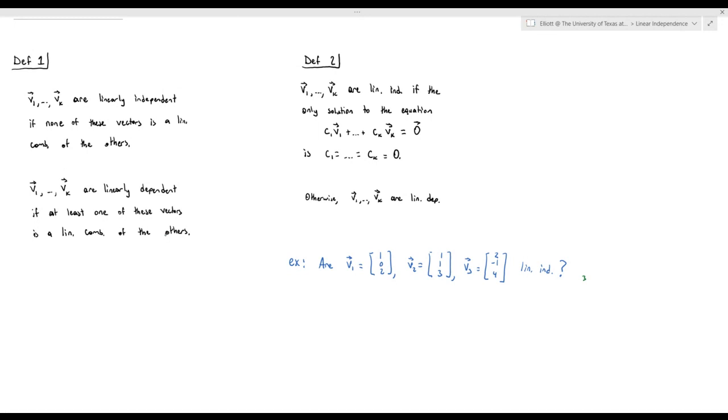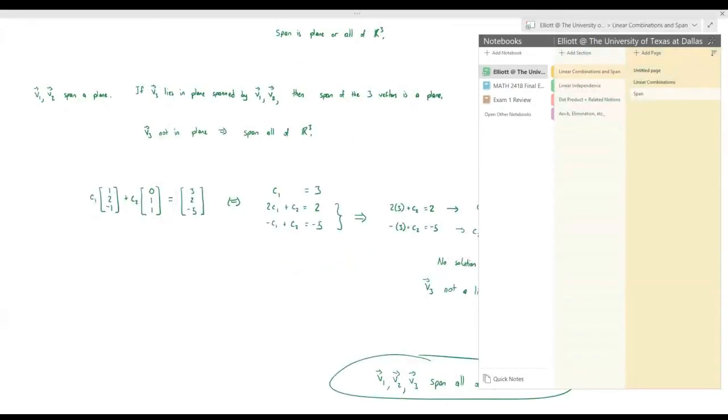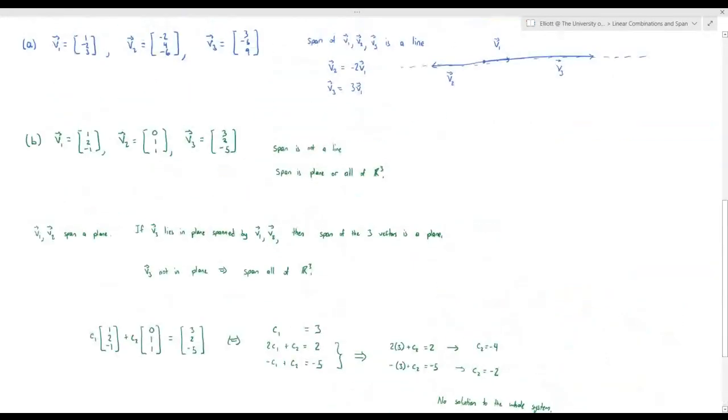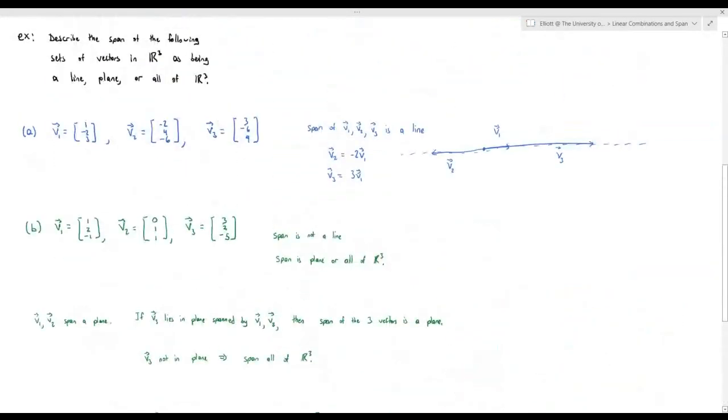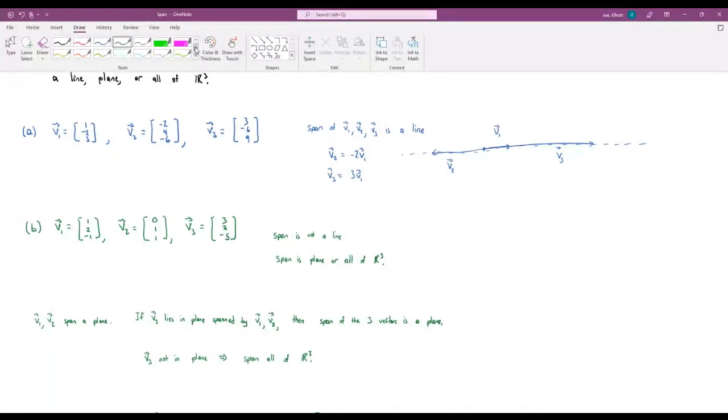Okay, so before I look at definition number 2, let me revisit some of the examples that we saw just now. Looking at these two examples.